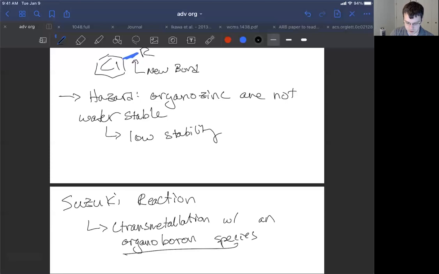These organoboron species are not as non-toxic as zinc, but they're way more stable than zinc, and way less toxic than tin, even though they're not as stable as the tin reagents. And tin reagents aren't rock stable, so they're kind of middle of the road in stability and toxicity.